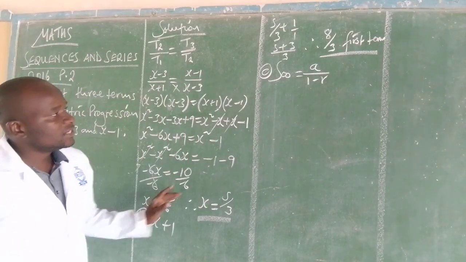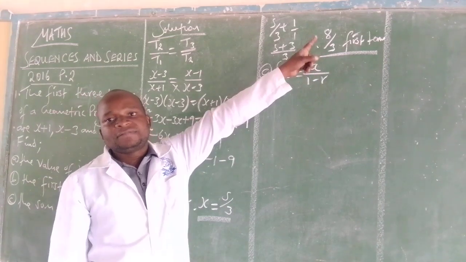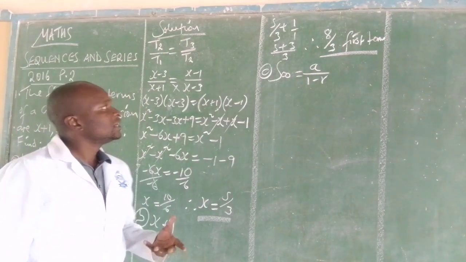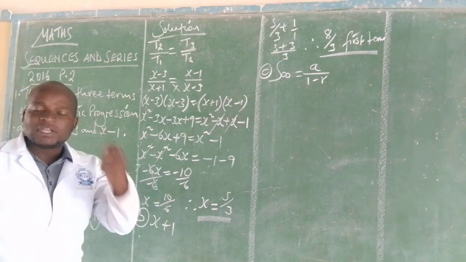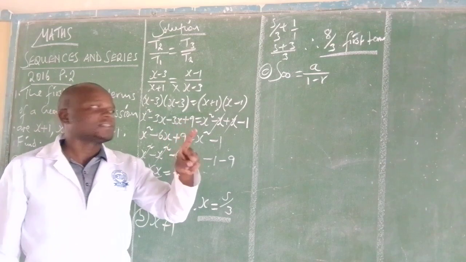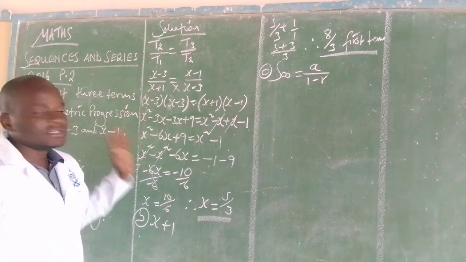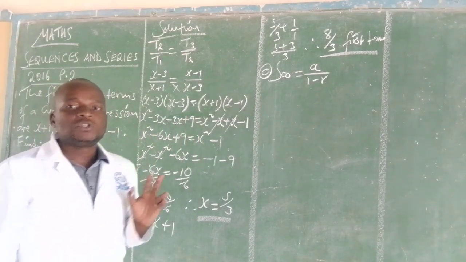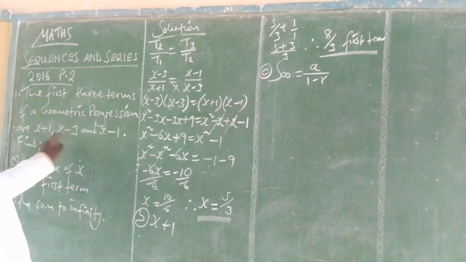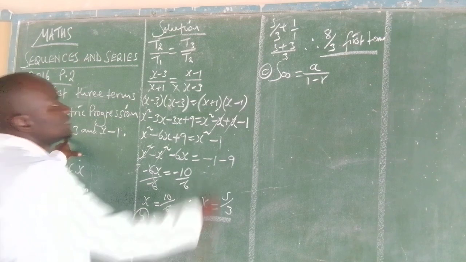Already the first term, a, has been found as 8/3, but we don't have the common ratio yet. The common ratio can only be found if you know two consecutive terms. In this case, the second term is not yet known, so we should also find the second term, which is x minus 3.